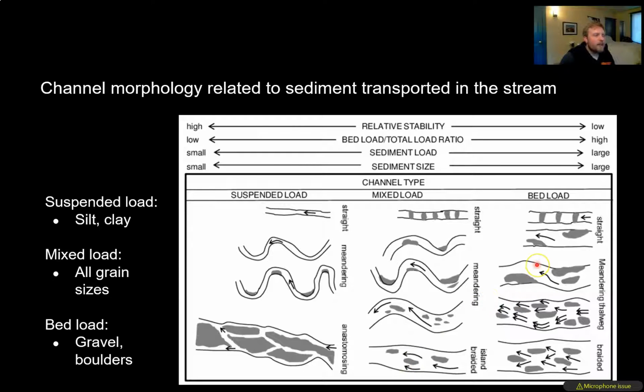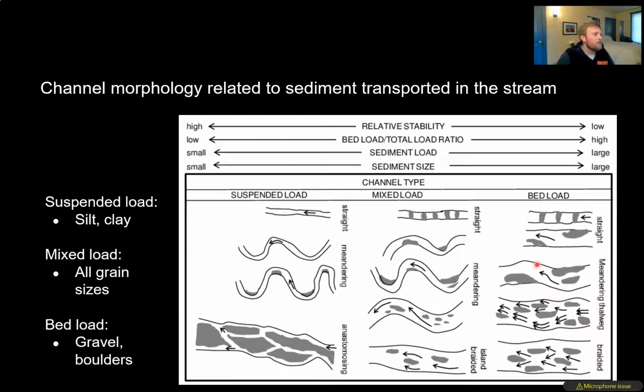And if you have a channel that is dominated by bedload, and bedload is the larger component of sediment transported in a stream, right? So that's boulders and cobbles that are tumbling along on the bottom of the stream.